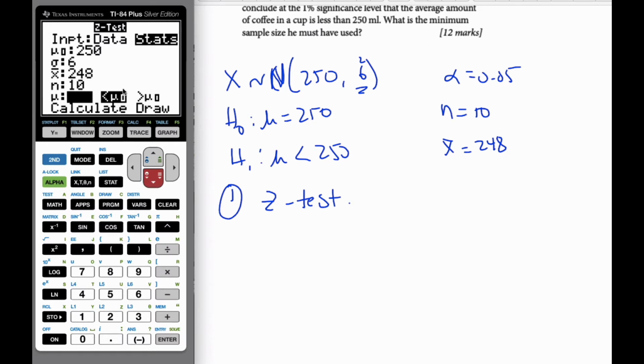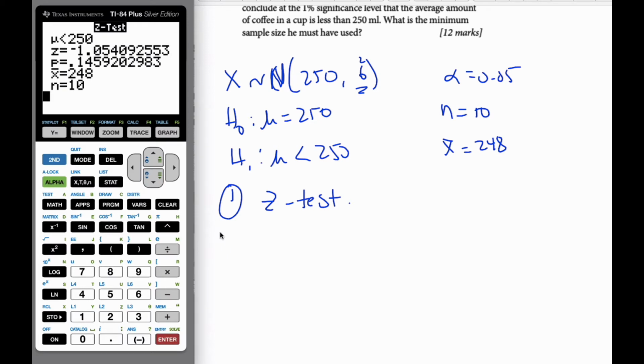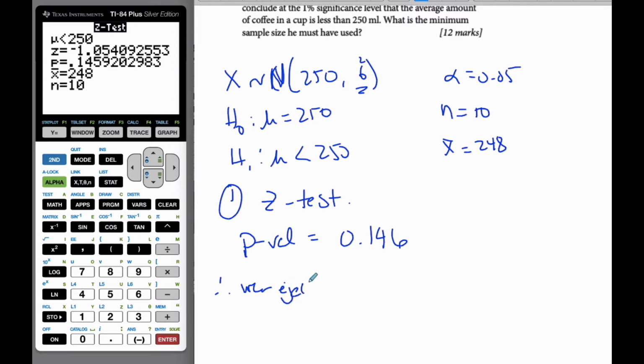I've chosen the less than criteria and I'm going to calculate it, and I can see that the p-value is equal to 0.146.